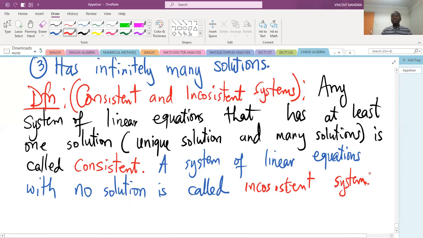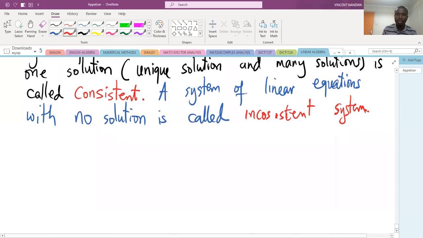So therefore, we have said there are three possibilities: unique solution, no solution, and infinitely many solutions. So it means that a system that has a unique solution or infinitely many solutions is called consistent, while a system that has no solution at all, like what we saw in case 2, is called an inconsistent system. So that's what you need to remember.